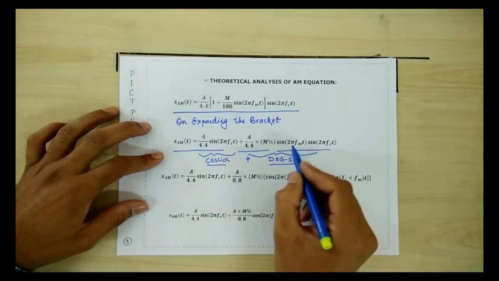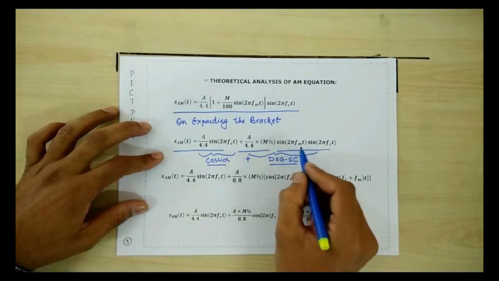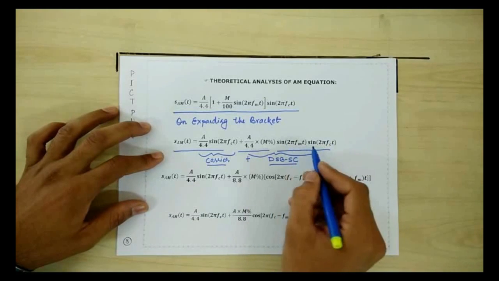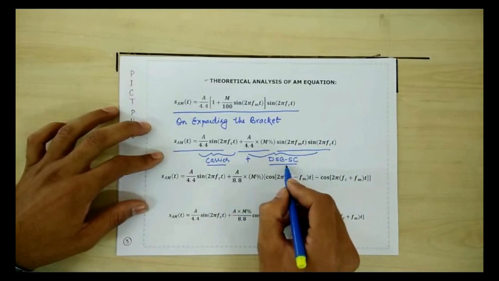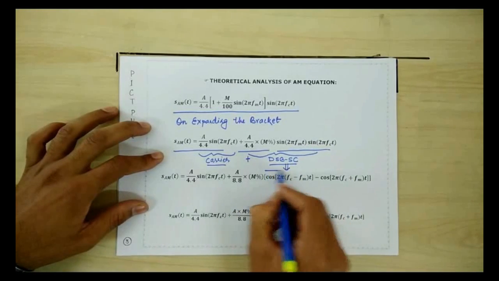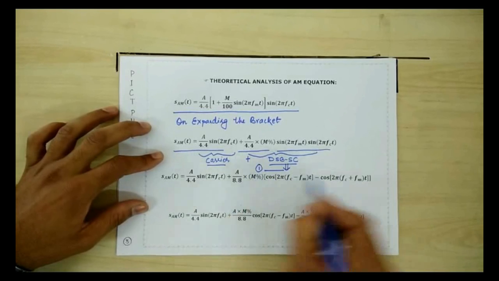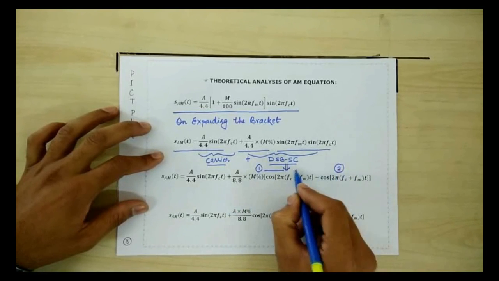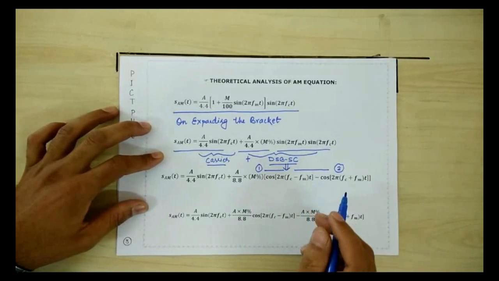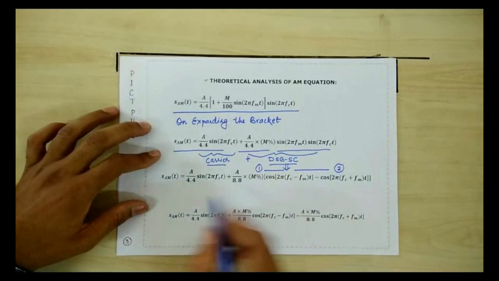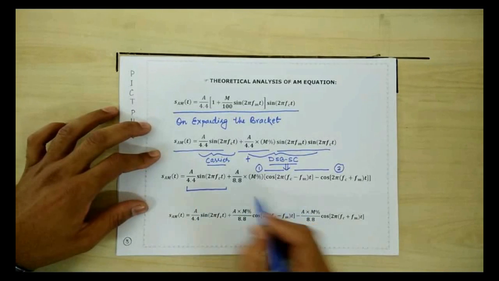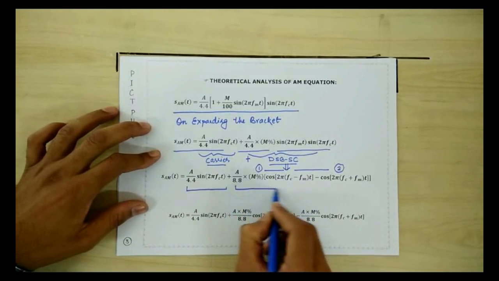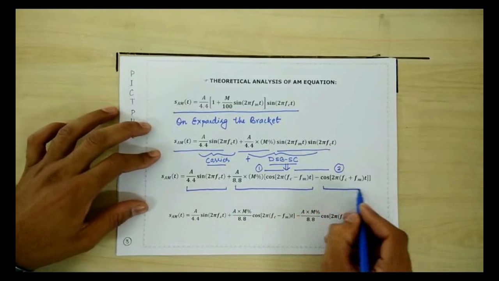So again, writing the formula of sin A sin B, we can break this term again into two parts. So this part we can break into two, that is the first part, and this is the second part. This is just the trigonometric identity that we can use here, and so we can get our final equation, which consists of three terms.